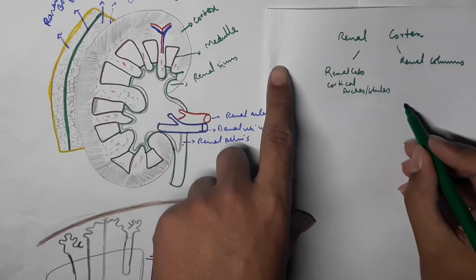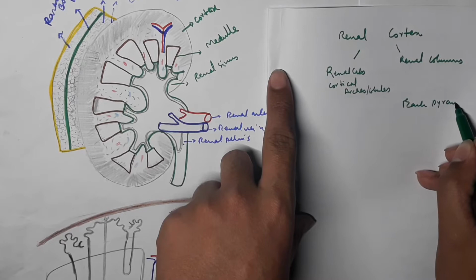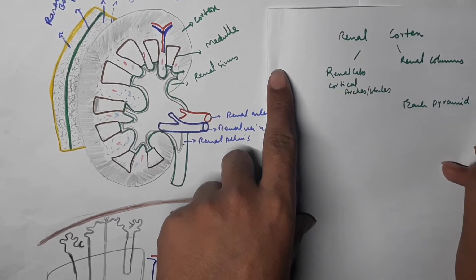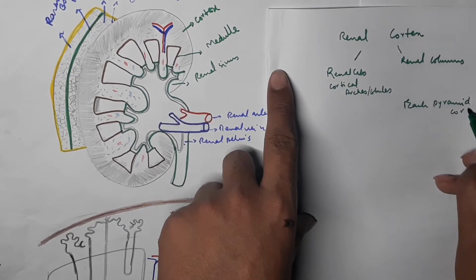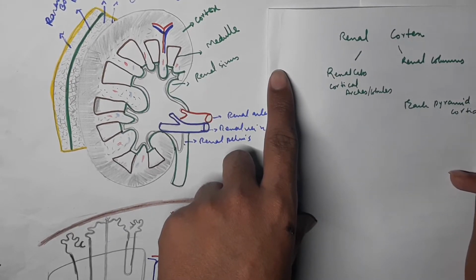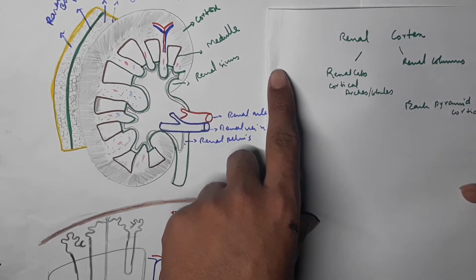So each pyramid with its overlying cortical arch is called lobe of a kidney.